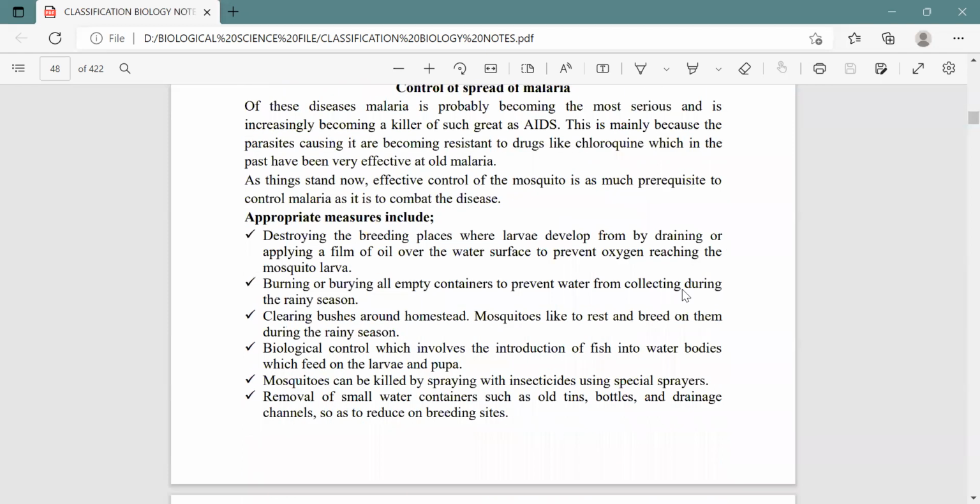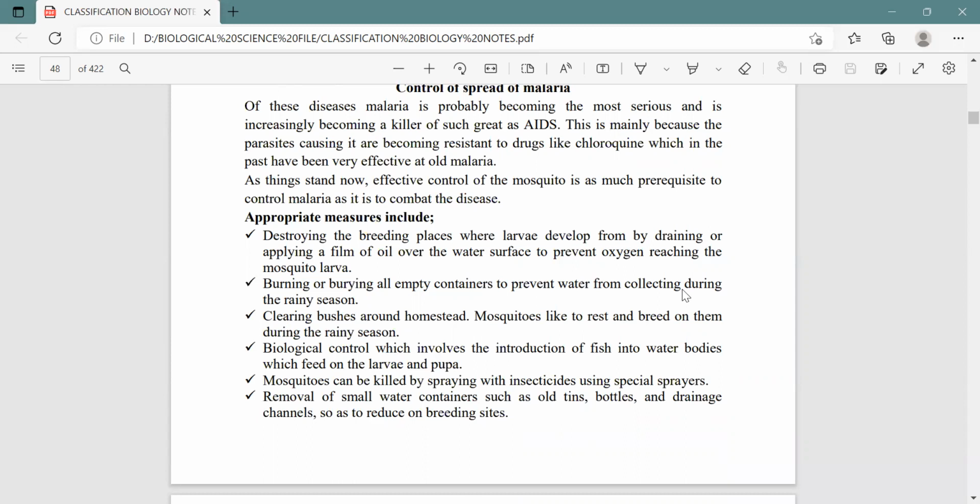And that slide shares the appropriate measures we can take to combat malaria from our communities. Destroy the breeding places, burn or bury empty containers, clear bushes around homesteads.